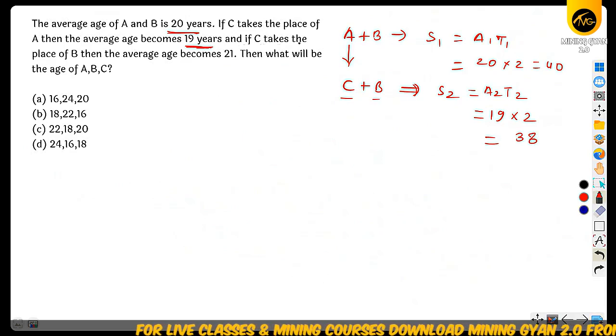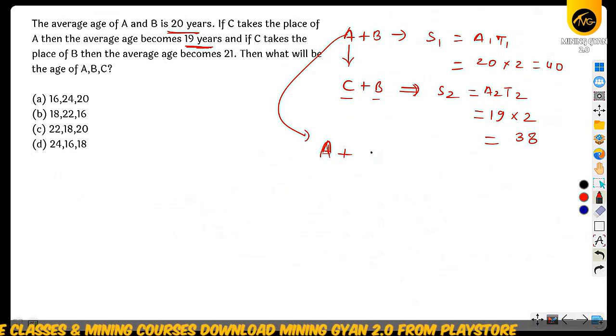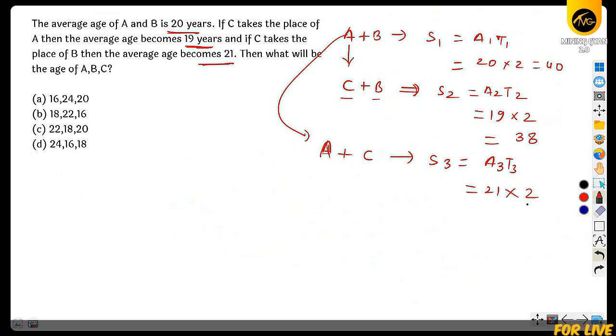If C takes the place of B, then A is a static value, and if B is replaced by C, that means A plus C. Now H3 is A3 into T3, that means 21 into 2, since the average age becomes 21 and the number of elements is the same. H3 is equal to 42.